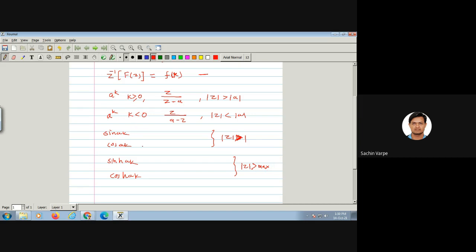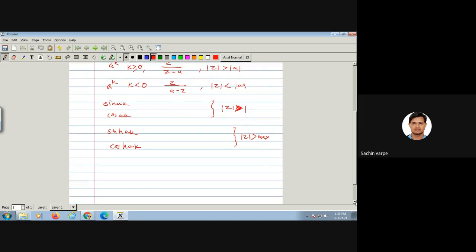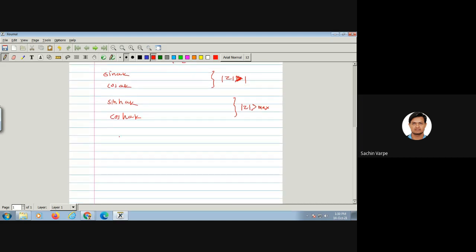So these standard formulas we have discussed along with the standard theorems, that is, change of scale theorem, shifting theorems, multiplication by power of k, division by power of k, and convolution theorem. Even the initial and final value theorems we have discussed. So let us now apply all those theorems and examples to get the inverse z transform, that is, the original sequence.